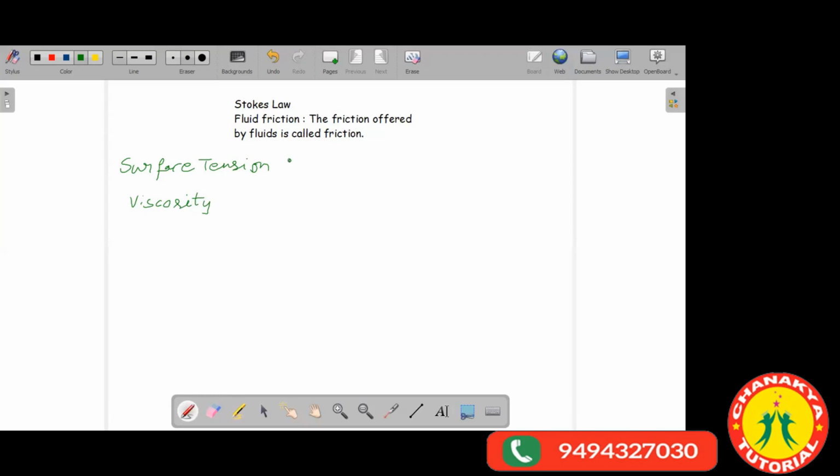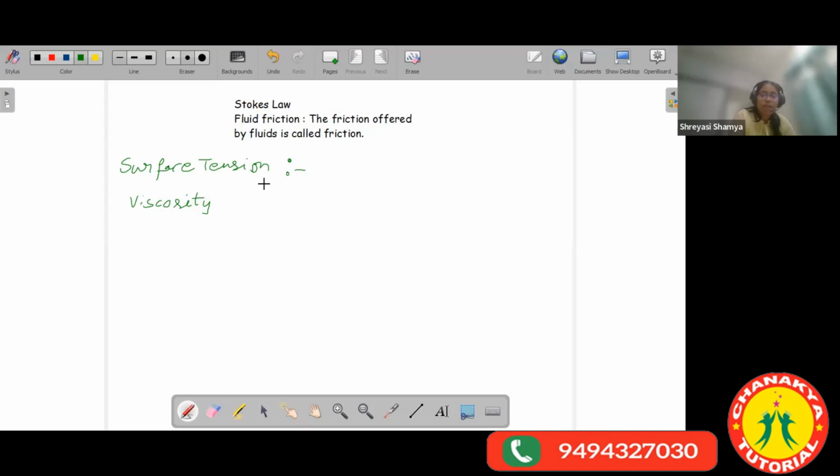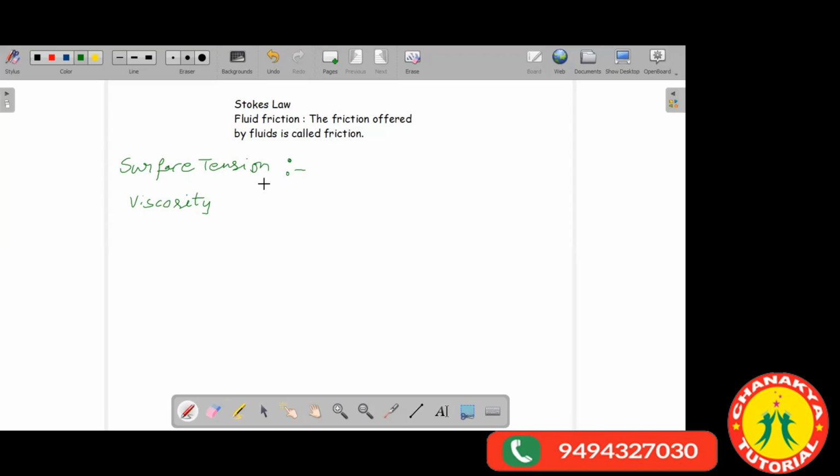Now, can you define surface tension? Yes, it is the property of a fluid by which the surface of a fluid behaves as a stretched membrane, and it is due to surface tension that we observe certain phenomena.